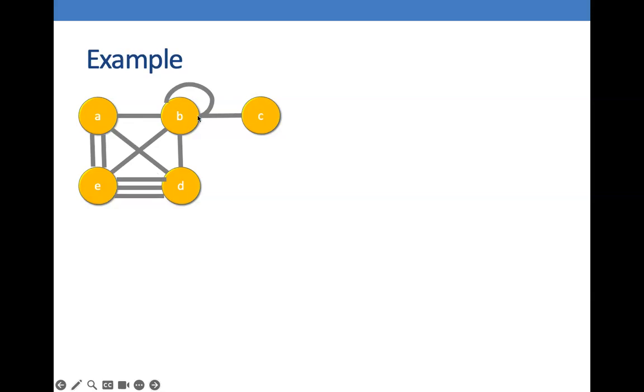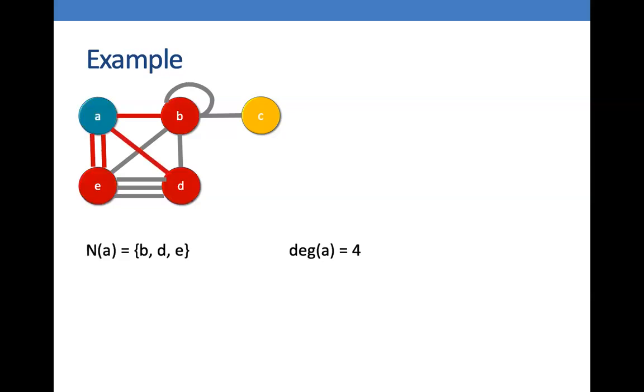Okay, and there is also a loop. So rather than multigraph, this should be called a pseudograph instead, since there is also a loop apart from the multiple edges. Now let us also determine the neighborhood as well as the degree of each vertex. Okay, let's start with vertex A.